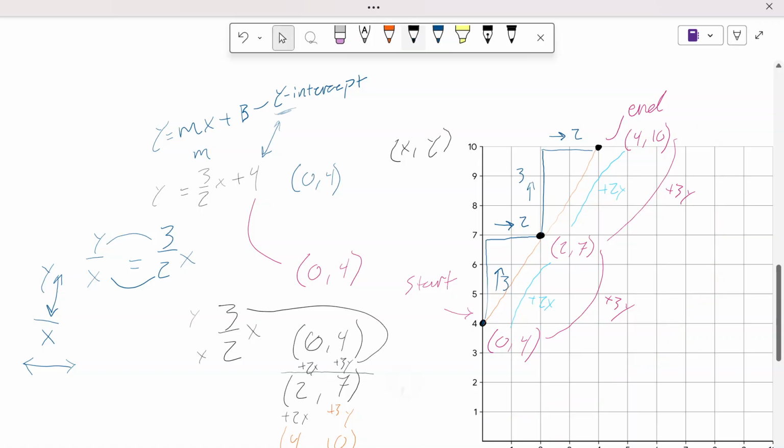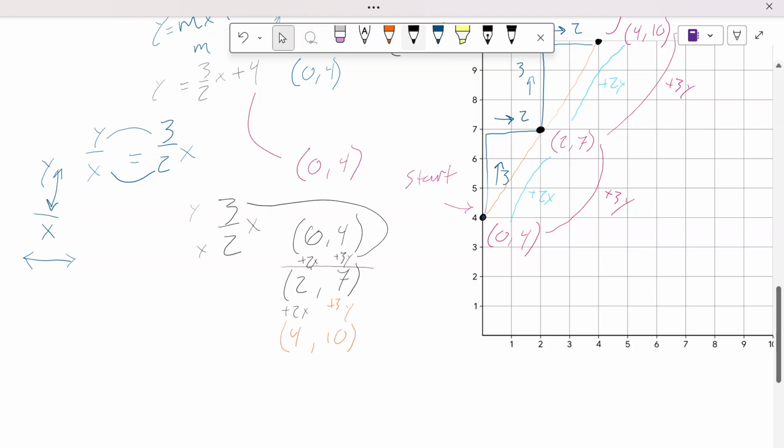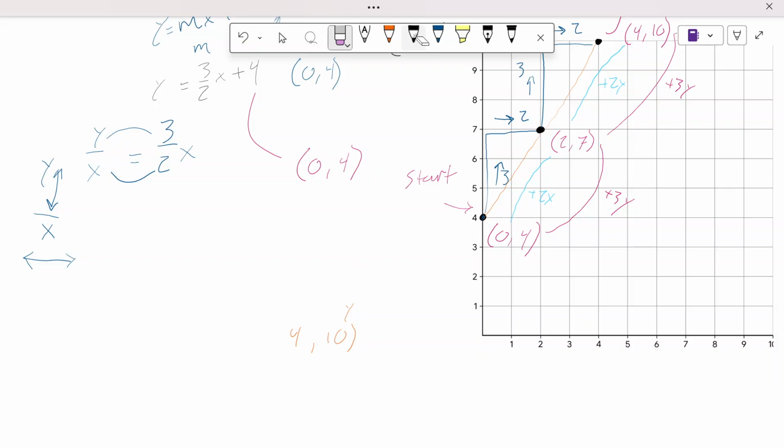So the way I just showed you, where we take these coordinate points and do the math, helps explain that you can start somewhere, your y-intercept or b, and then you can just add your fraction and you'll get the next points. So again, you add 2, you add 3, you get 7. You add 2, you get 4, you add 3, you get 10. And it's a really easy way to graph.